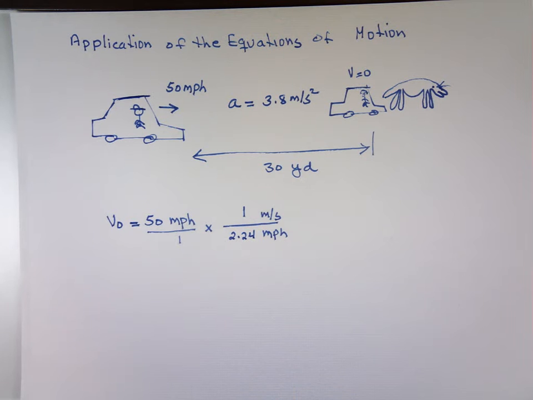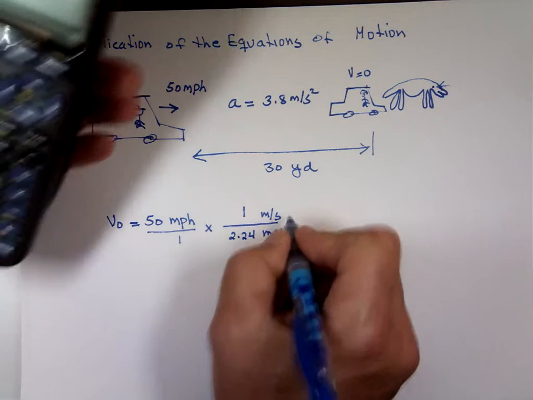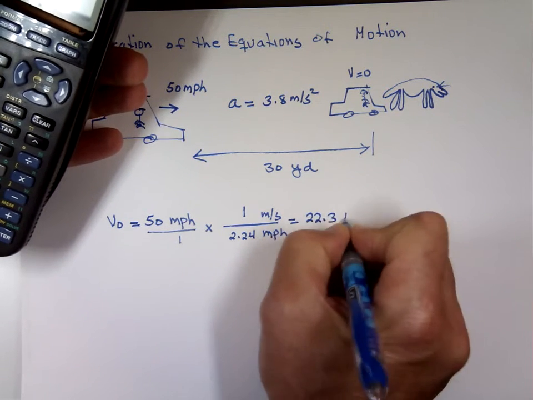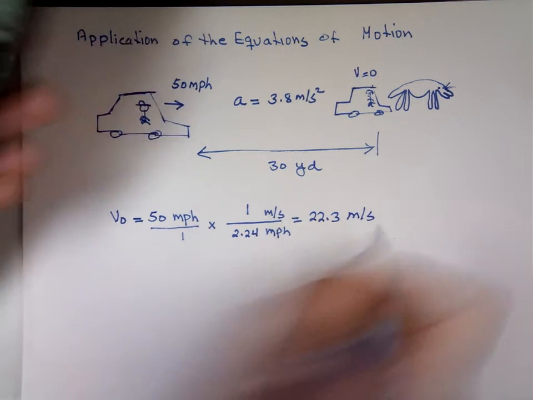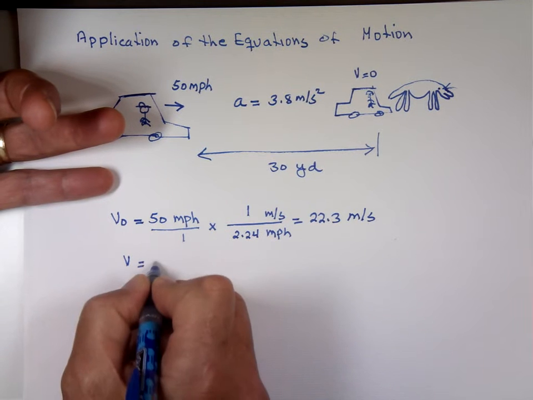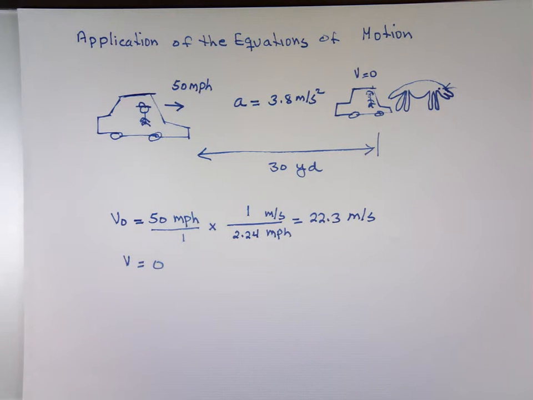So let's see, 50 divided by 2.24 is 22.3 meters per second. We know the final velocity is what? 0. The car is going to come to a complete stop.